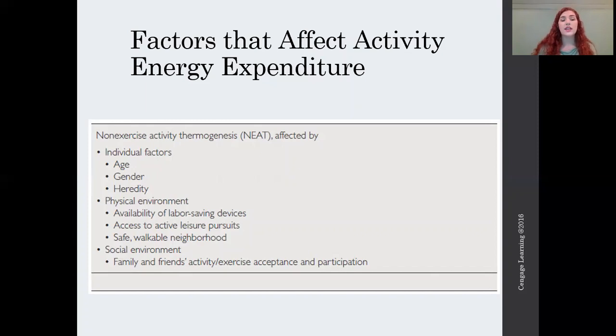So things like, do they have access to a gym? Can they walk around their neighborhood? Do they have some way that they can participate in physical activity? As well as their social environment. So do they have support from family and friends? Do they have encouragement to participate in this physical activity?